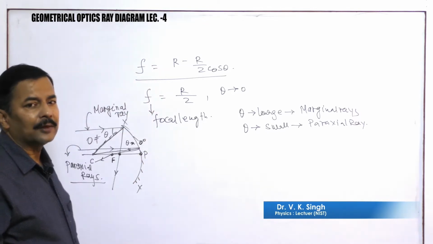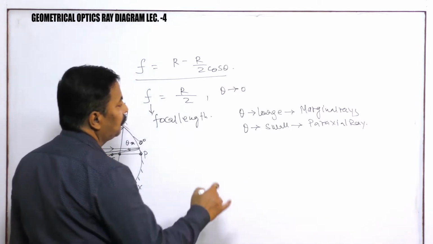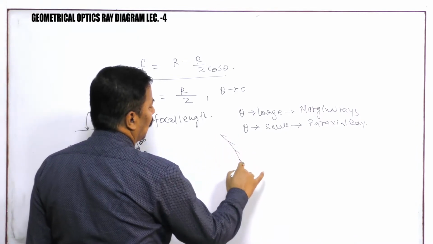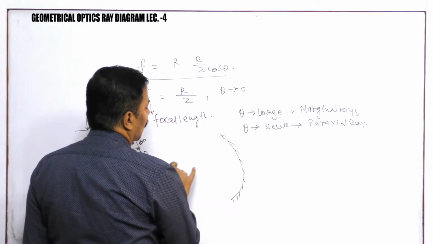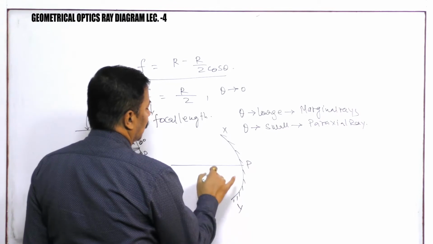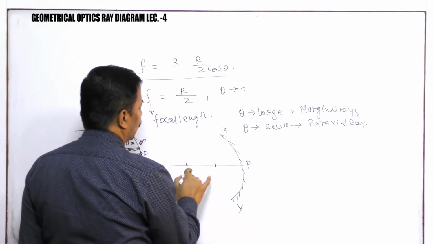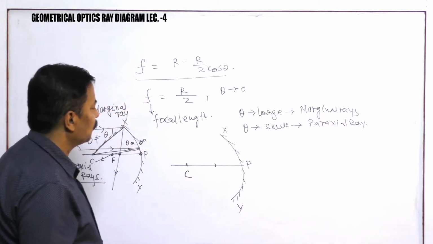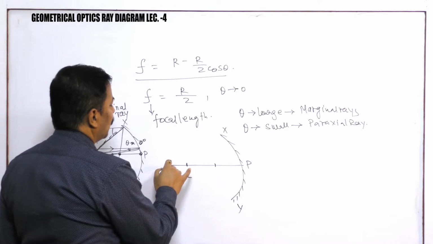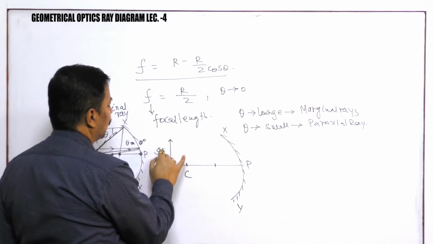Now what I would like to tell you, suppose I am giving you an example that here is a concave mirror and here is the center of curvature, and an object of 5 centimeter.